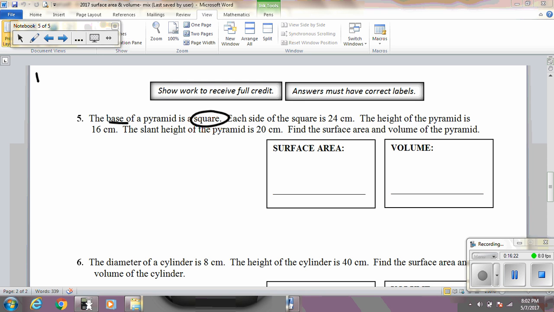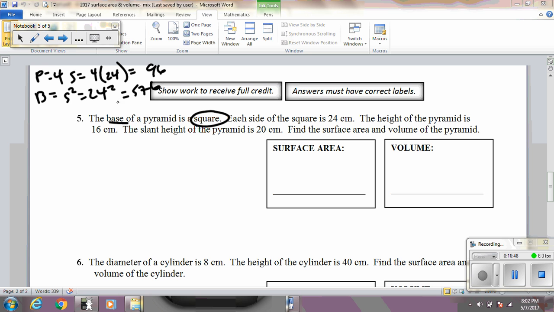So that means to find the perimeter is 4 times s. So that's 4 times 24, which is 96. To find the base area, it's s squared, so 24 squared, which I believe is 576.